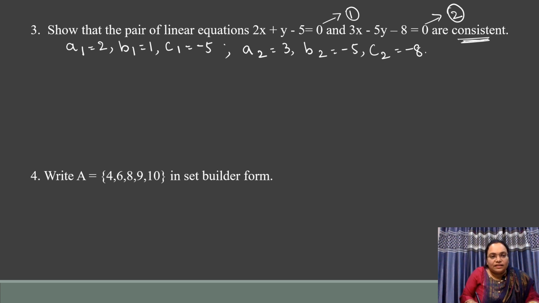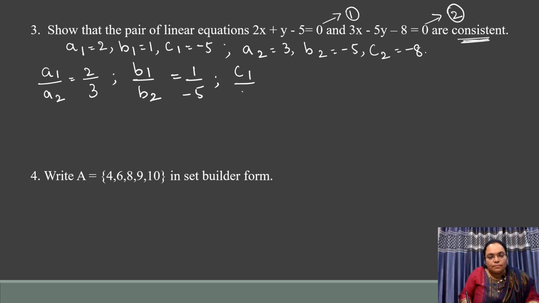Now let us find the ratios for them. A1 by A2 is equal to 2 by 3. B1 by B2 is equal to 1 by -5. C1 by C2 is equal to -5 by -8.